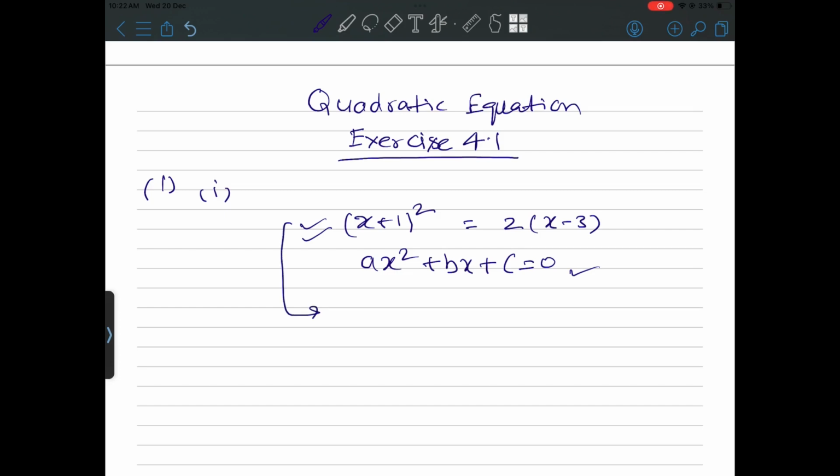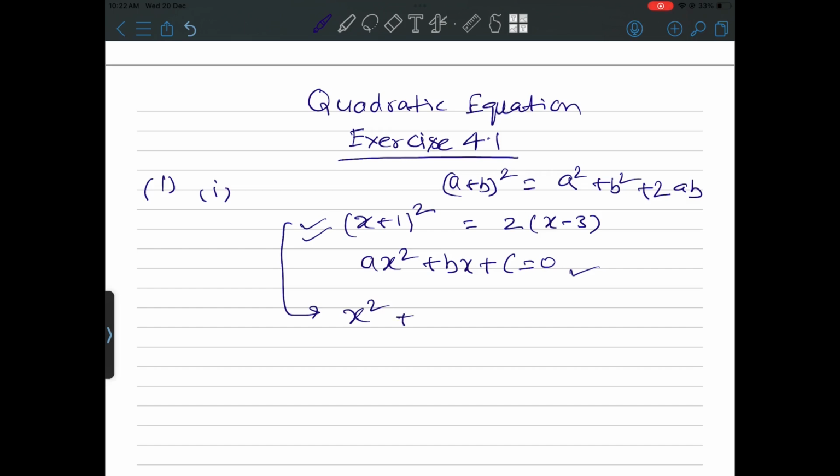We know that (a plus b) whole square is equal to a square plus b square plus 2ab. By this formula, we can expand this. The first term is x, so it becomes x square.